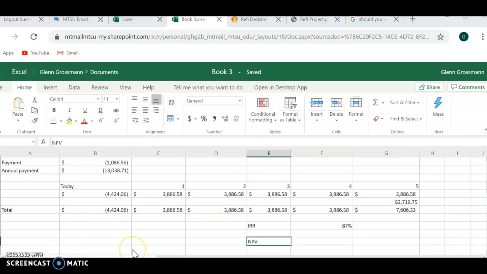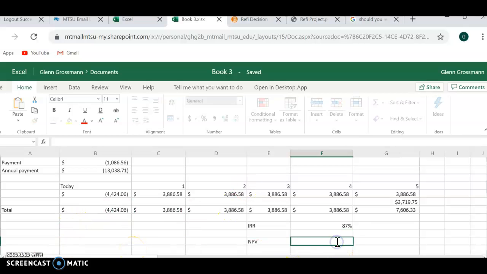Okay, we'll conclude with our net present value. The way we'll get that is by doing equals NPV. Okay, and then we'll do this.